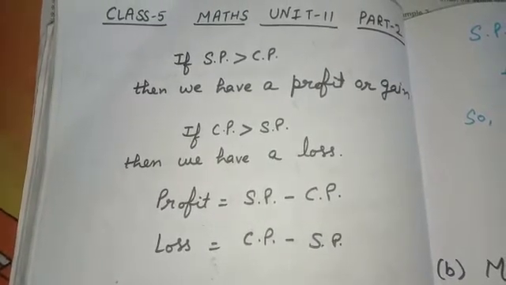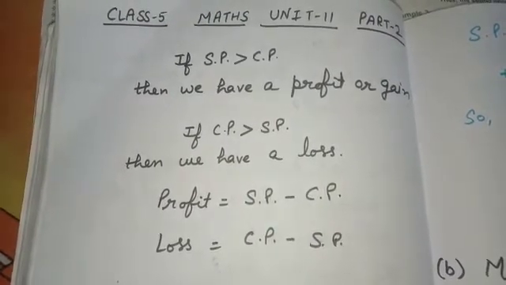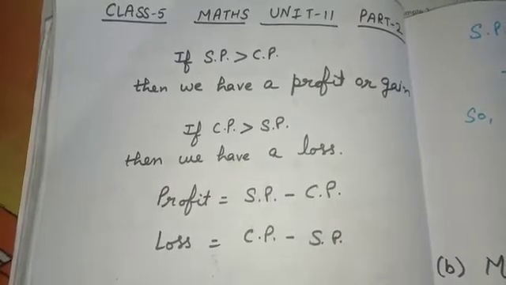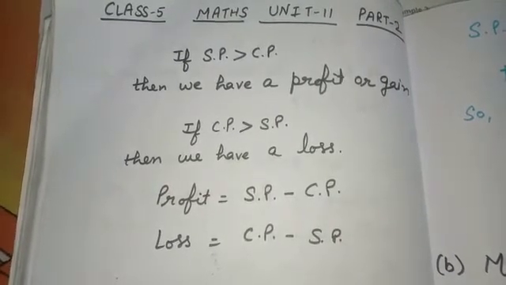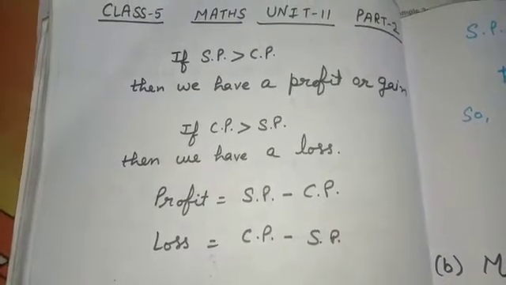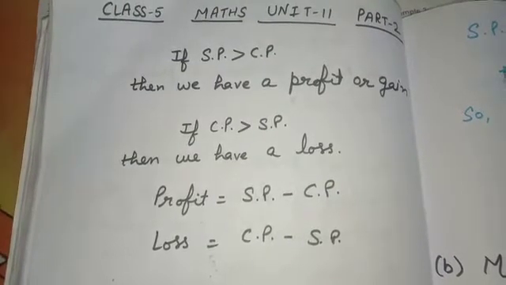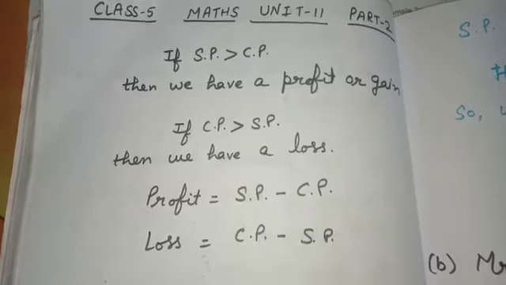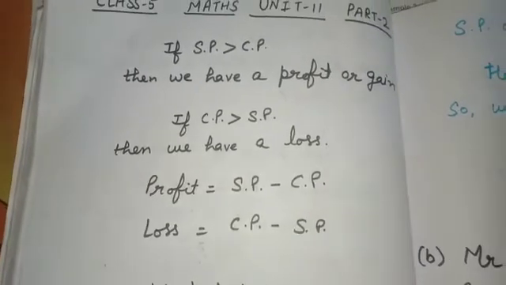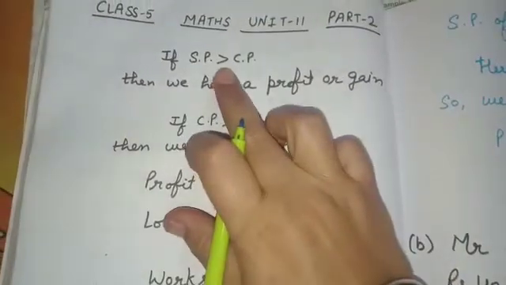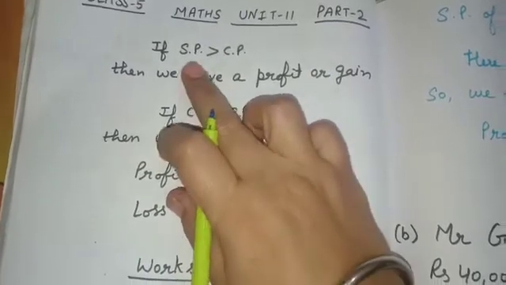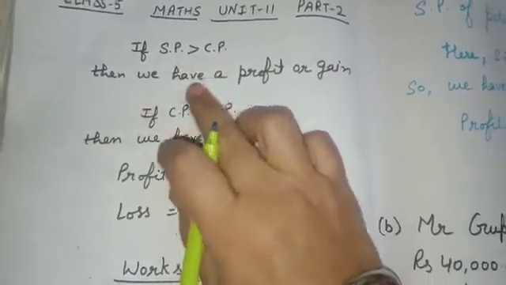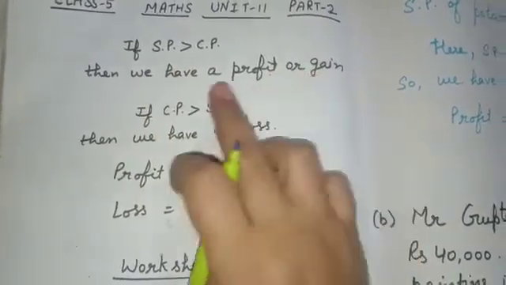In our previous video we have learned the price at which we purchase something is called its cost price, written as CP, and the price at which we sold something is called its selling price, means SP. And we have studied two cases: if SP is greater than CP, means selling price is more than the cost price, then we have a profit or gain.